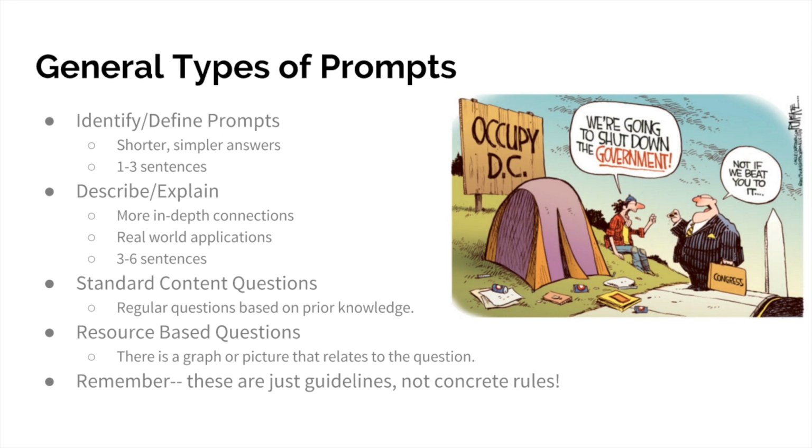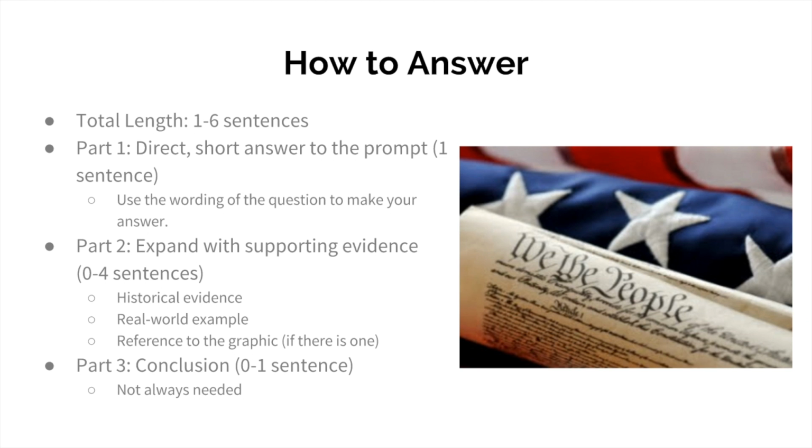And there are standard content questions, which are a question based on prior knowledge. There are also resource-based questions, where there's a graph or a picture that relates to the question. And these are guidelines, not rules, so it's pretty flexible. And you want to answer each question with a total length of about 1 to 6 sentences.